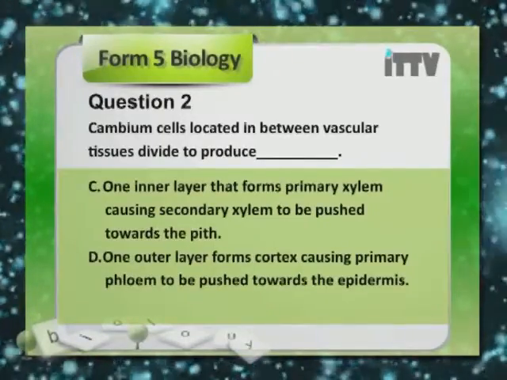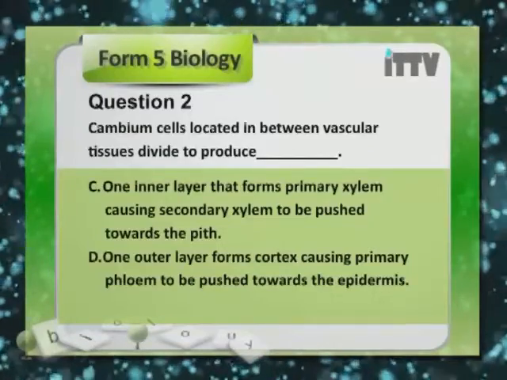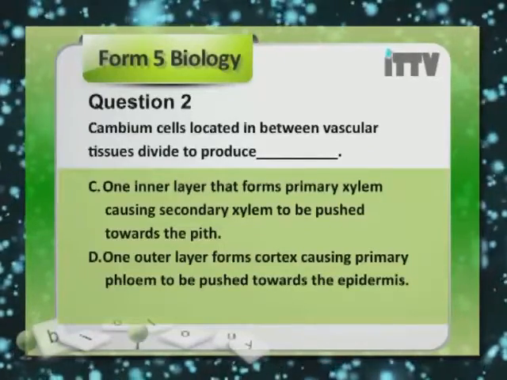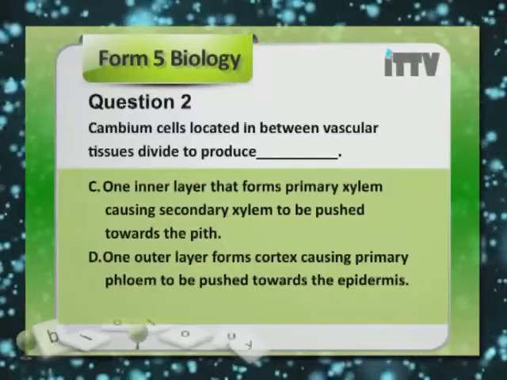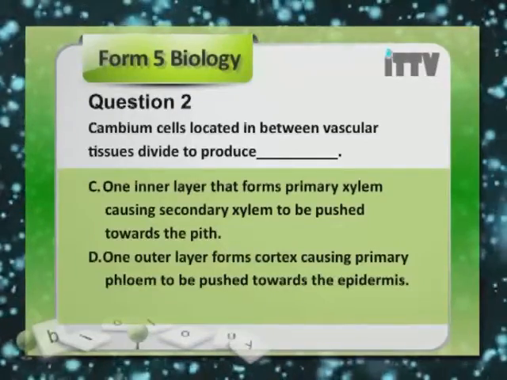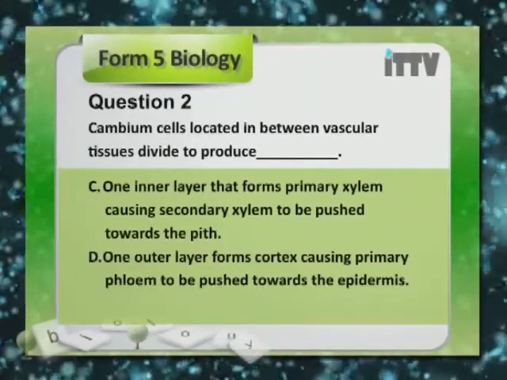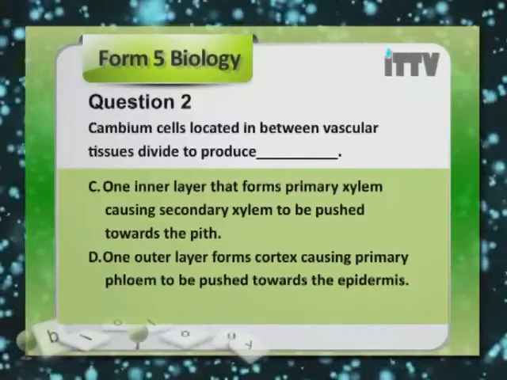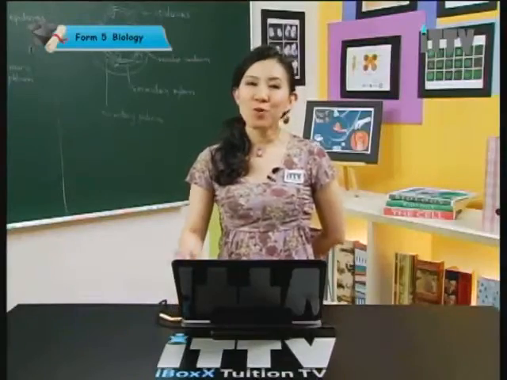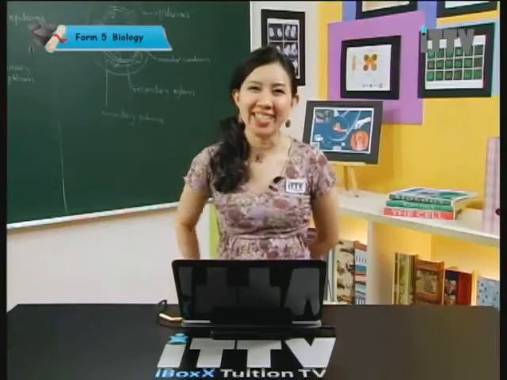C, one inner layer that forms primary xylem, causing secondary xylem to be pushed towards the pith. And D, one outer layer forming cortex, causing primary phloem to be pushed towards the epidermis. This one is very closely linked to the first question. Do give it a try.